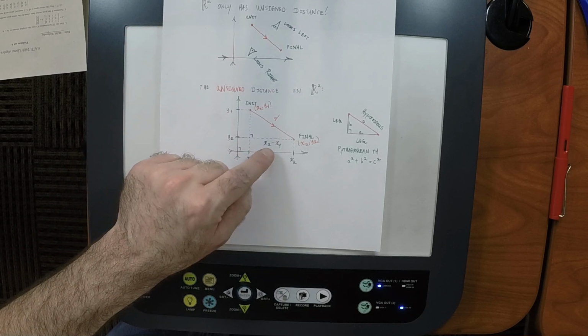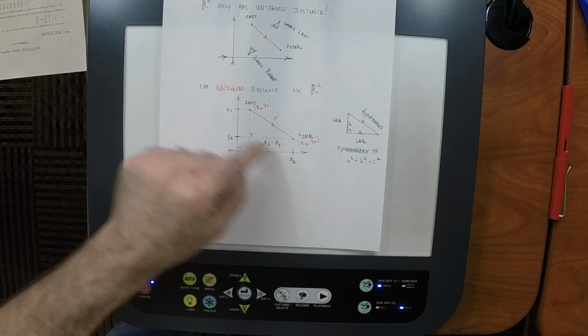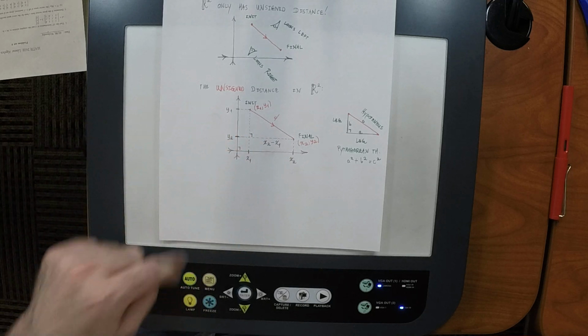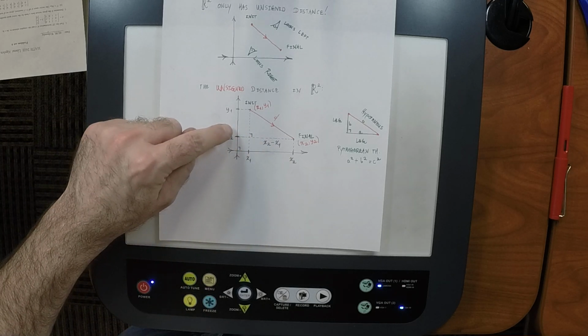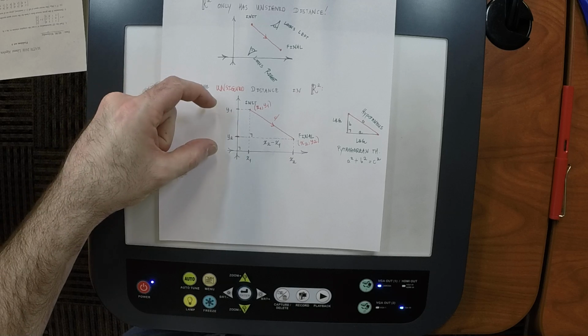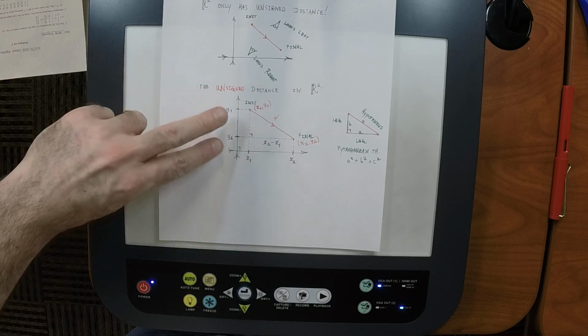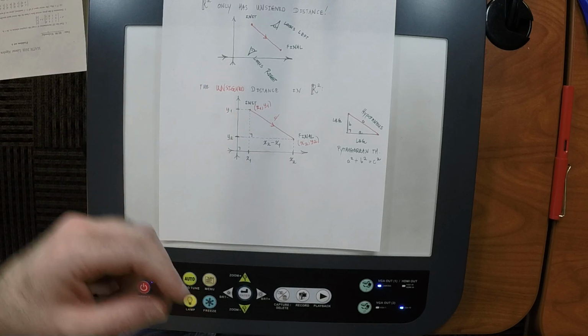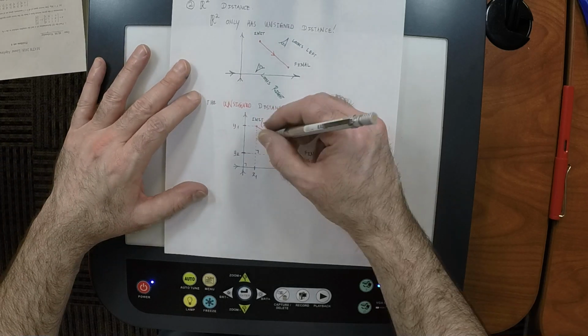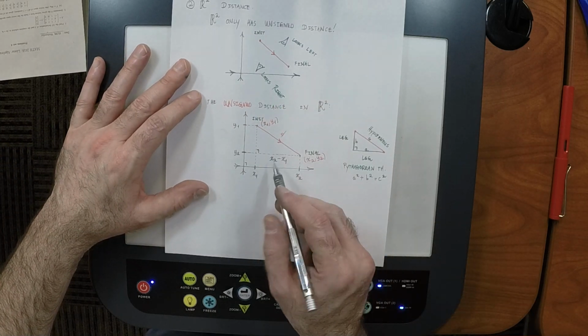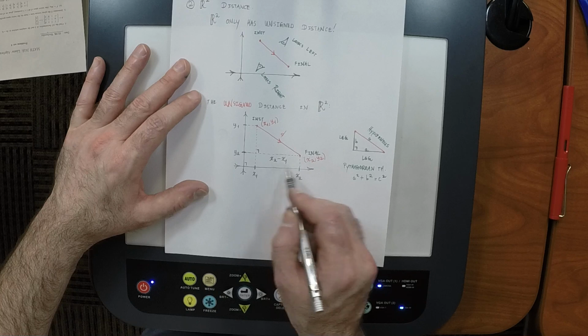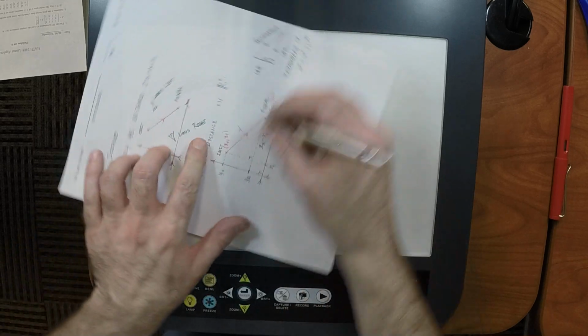But wait a second, I thought we were doing 2's and 1's, like x2 minus x1. Why not y2 minus y1? Okay, because y1 is the bigger one, right? So I'm going to write, just to make sure, just so that this is 2 minus 1, like that, I'm going to make this one the same way.